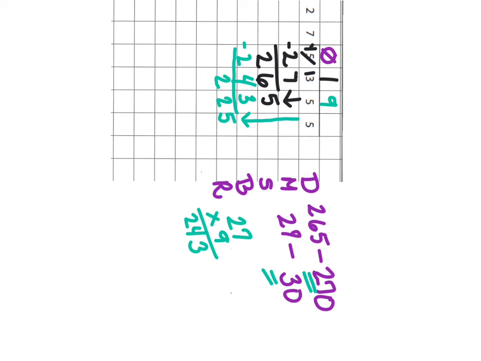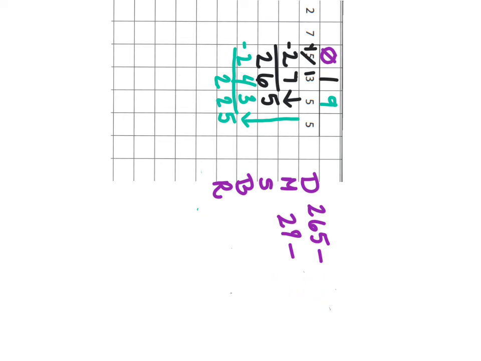And I'm going to come over in the margin and do a little estimation to see what I'm going to use in my quotient to get me close to 225. Well, my thing is not erasing.